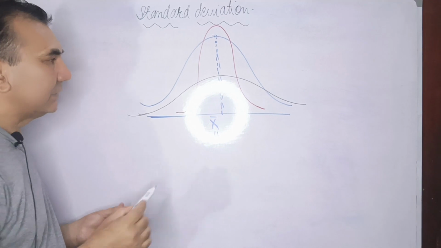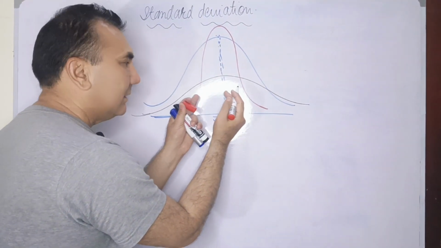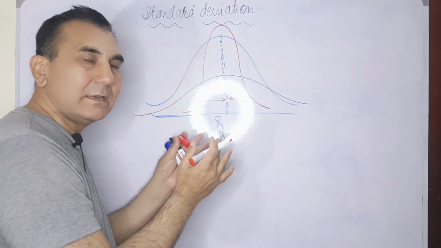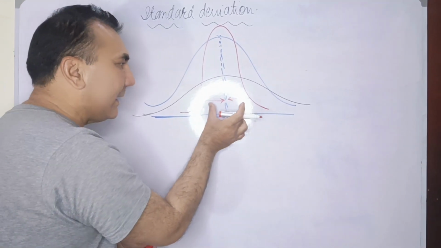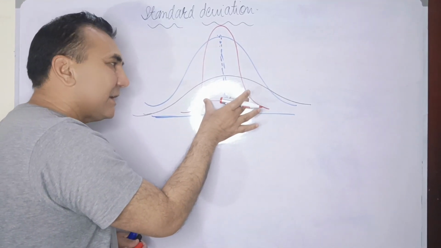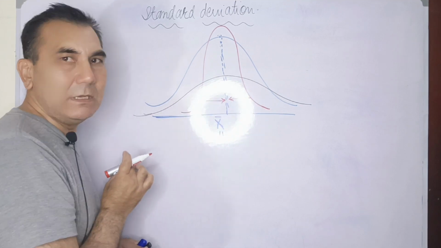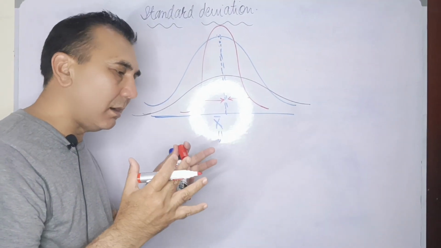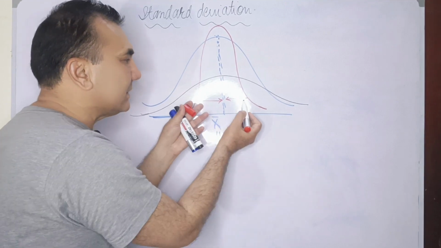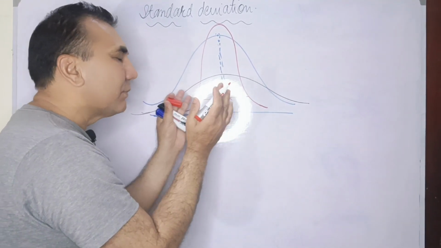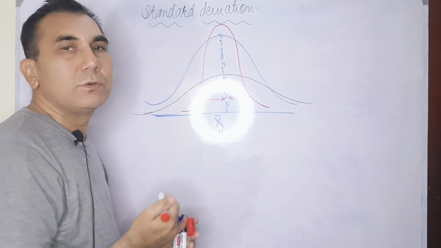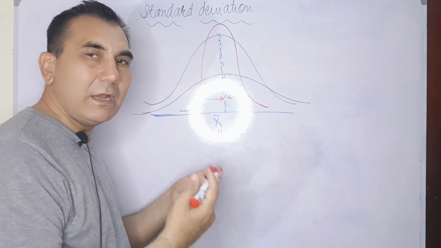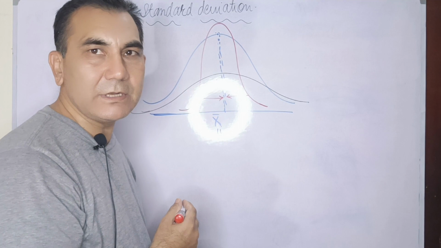Now the red data, if you see the red data, the dispersion of the data is very little, because the values of the data set are near the mean. It means the variability and the dispersion is very minimum in that data set. It is very near the mean of the data set.